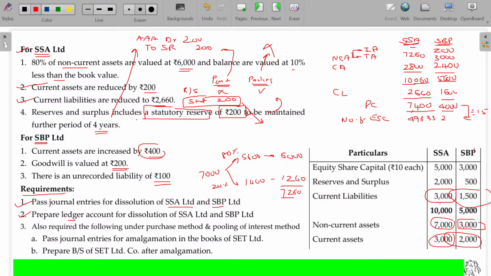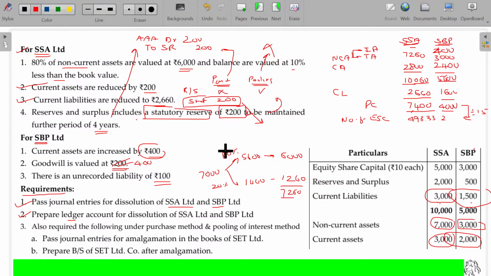The liability 1,500 plus 100, okay, 1,600. 400. What's the value of the goodwill? 200 only. Right. So you can change this to 400.